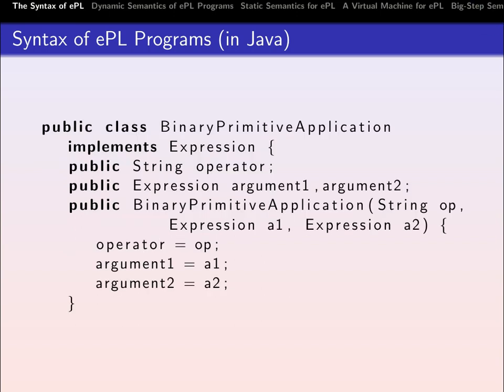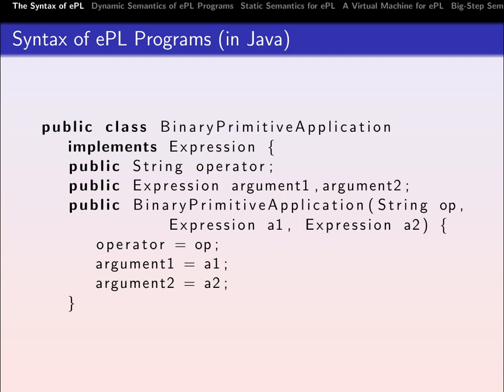If we have a binary primitive application, then again, the binary operator, the plus or the minus or the star, has to be stored inside here, in the operator. And then we have two children. And the children, we just saw the tree, are expressions, recursively.